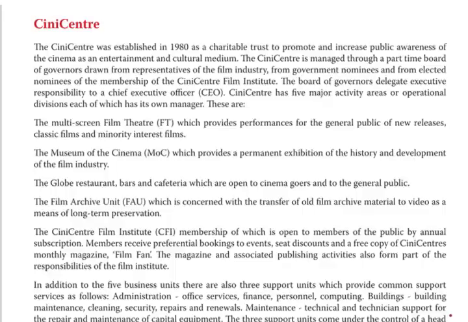Identifying the various stakeholder groups is really very easy. Each of the functions of CiniCentre will have its employees, its champions, its supporters, its users. So we have the film theatre, the museum, the restaurant, the film archive unit, the film institute.